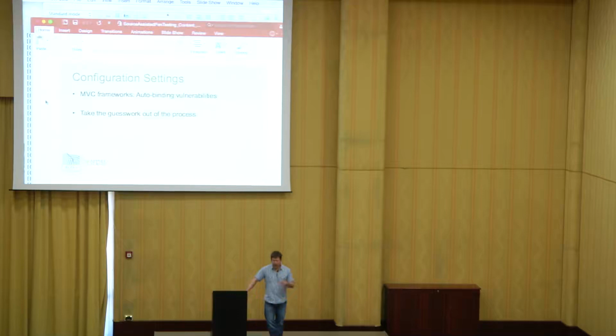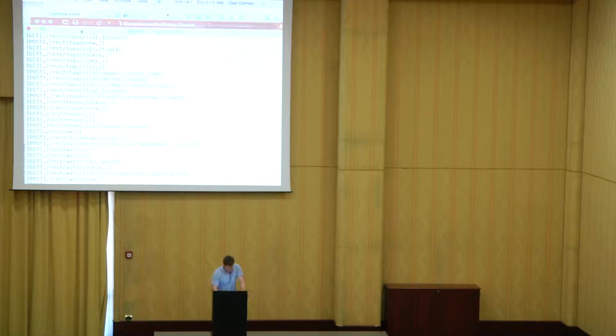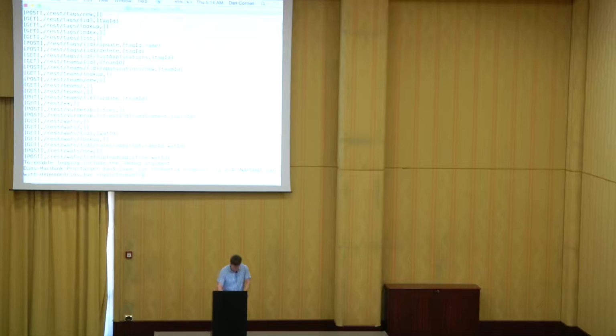By looking at an application's configuration and, in the case of Spring, parsing the model, the class model annotations and the properties associated there, we're able to see, hey, for this given request, what are all the parameters that might be accepted? And that can help us identify potential issues on the server side. A great example of that is if we go up here, let's say we go to Pet Store.